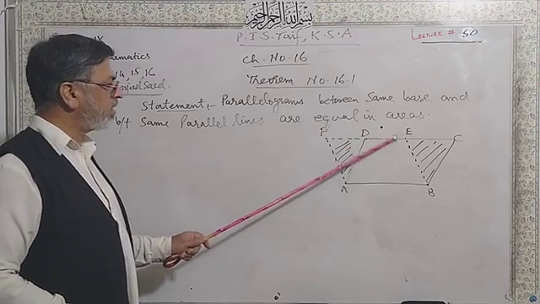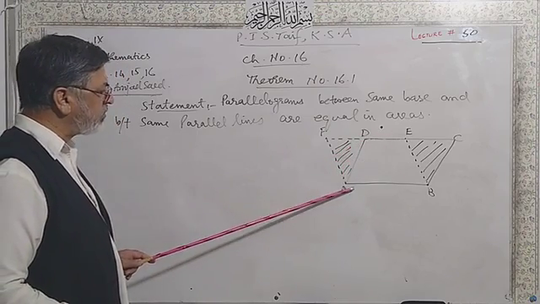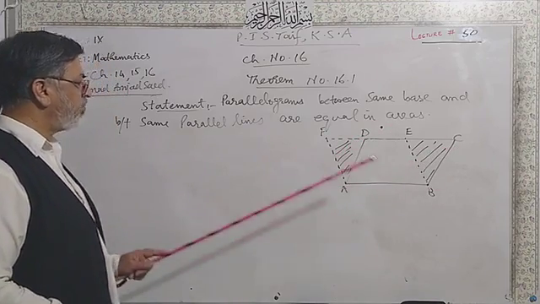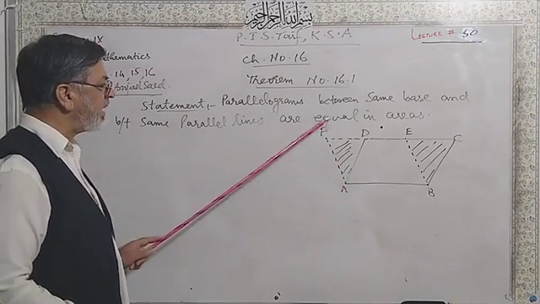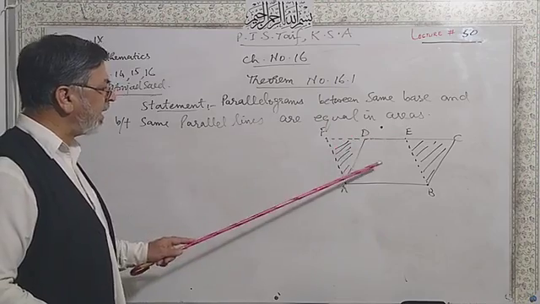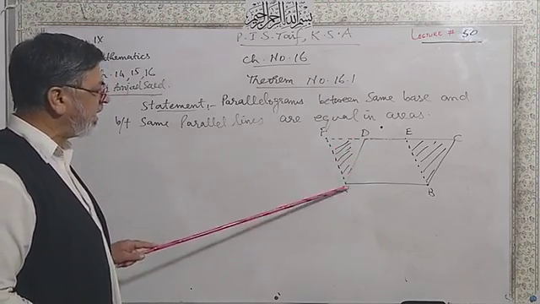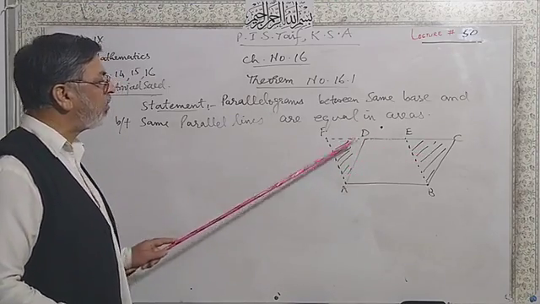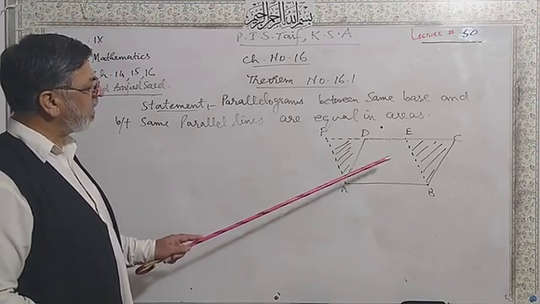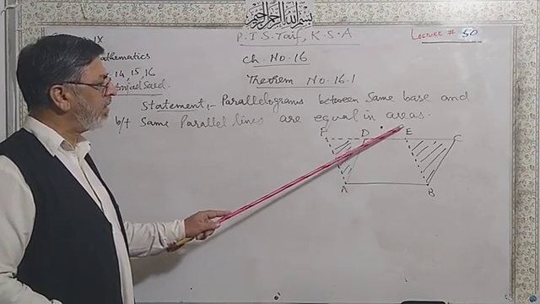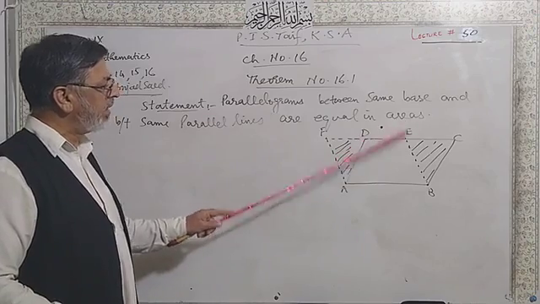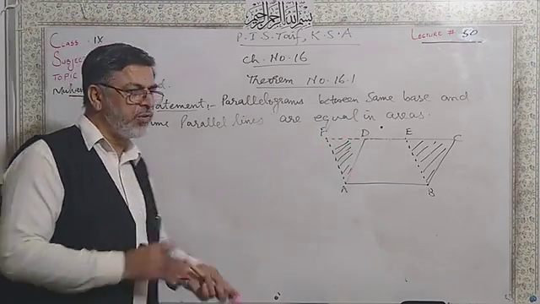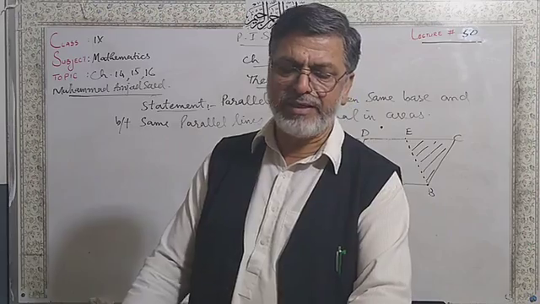ABED is a quadrilateral present in parallelogram ABCD. Similarly, in parallelogram ABEF, ABED is again a quadrilateral present in it. So this is common in both parallelograms. If we can prove that area of triangle EBC is equal to area of triangle FAD, then definitely both parallelograms will have the same area.